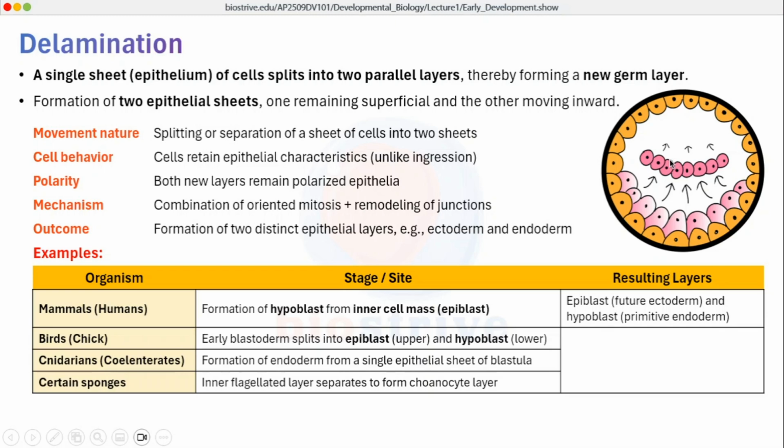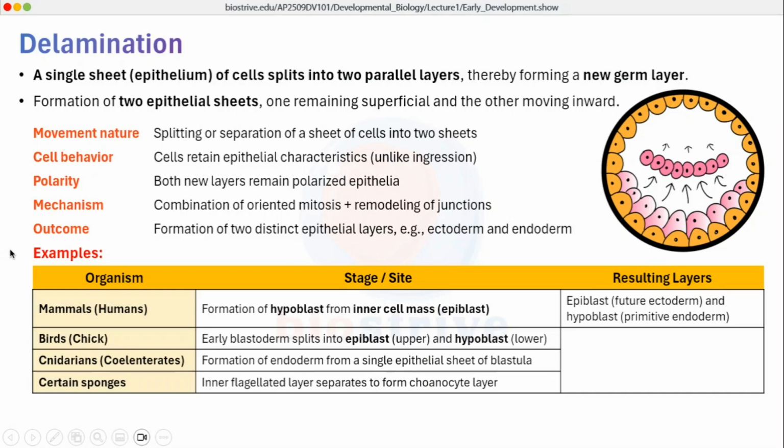The nature of the movement is splitting and separation of the entire sheet, and the cells will retain epithelial adhesion and adhesive characteristics. Unlike ingression, there will be retention of polarity, and the mechanism is a combination of both mitosis and remodeling of junctions.